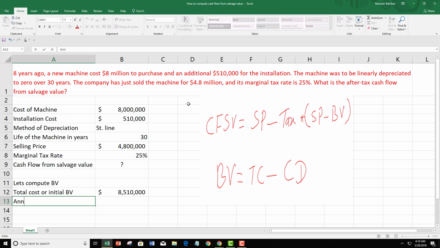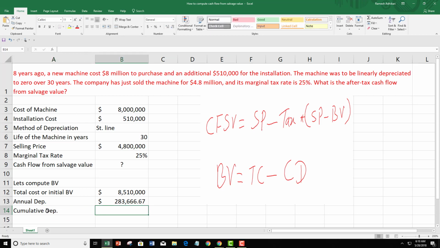So annual depreciation is always equal to the total cost of the machine, which is the 8.5 million, over the life of the machine, which is 30 years. So that means the annual depreciation is 283,666.67.